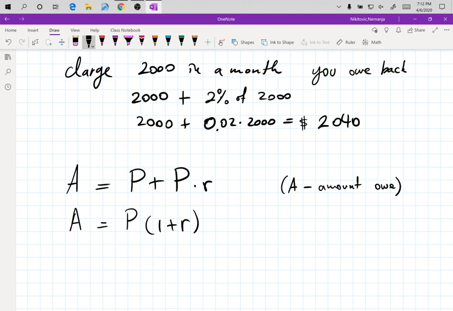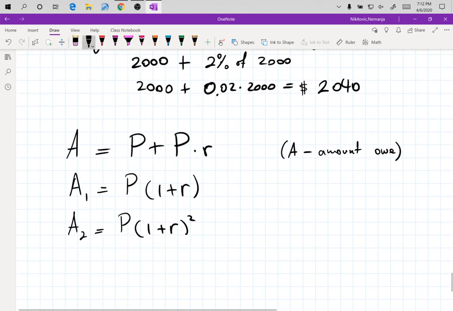So the amount you owe next month will repeat this and add another one of these. So if I call this A1, then A2 will be principal times (1 plus R) squared. And then A3 would be (1 plus R) cubed.